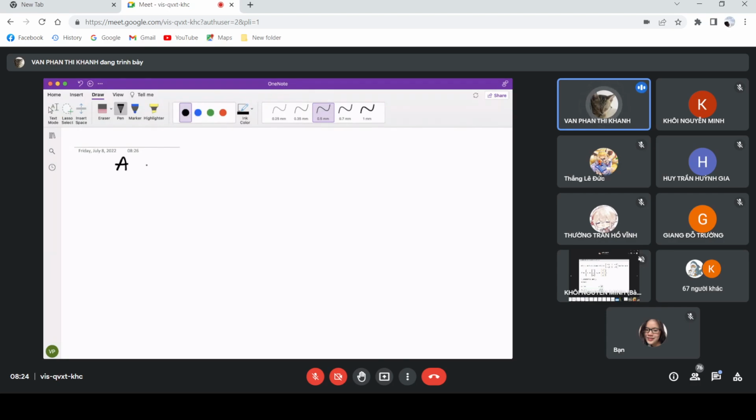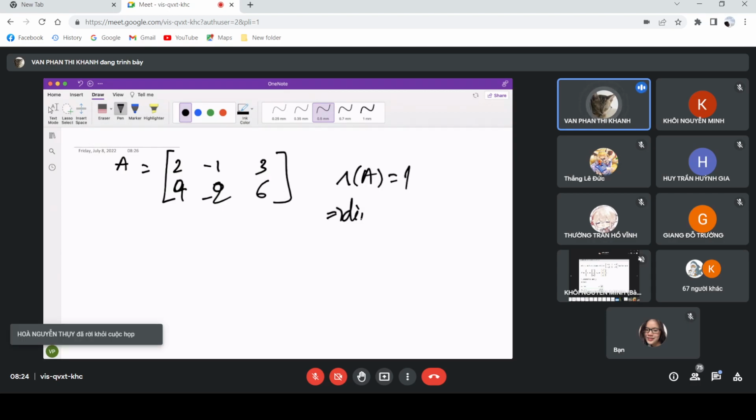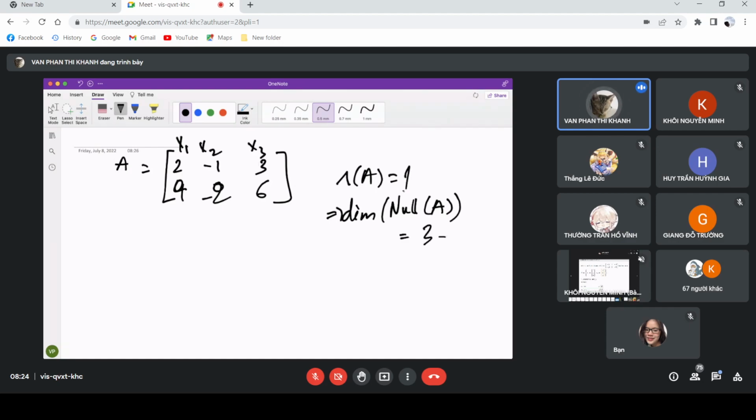So I have A, right? A is a matrix. I just take an example because I already closed the file. 4, minus 2, 6, right? Rank of A equals 1. So the dimension of the null space of A equals the number of unknowns, 1, 2, 3, 3 unknowns, minus rank 1, so it equals 2.